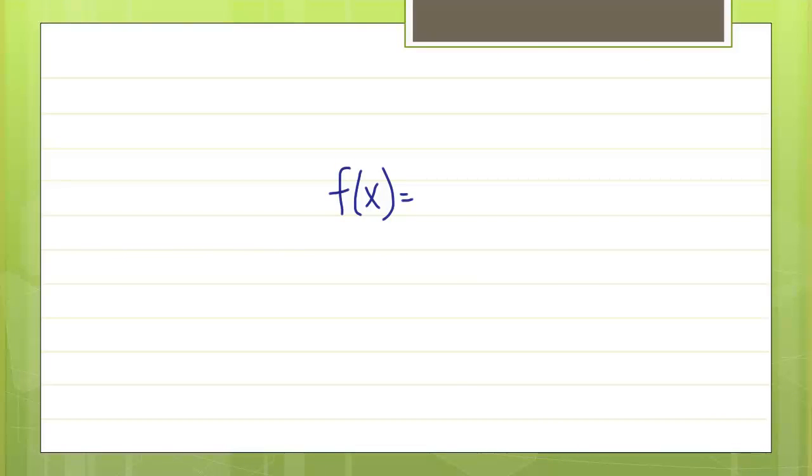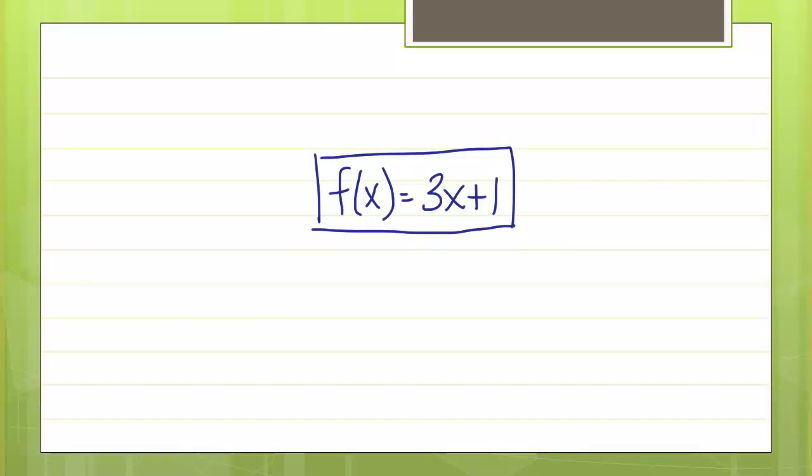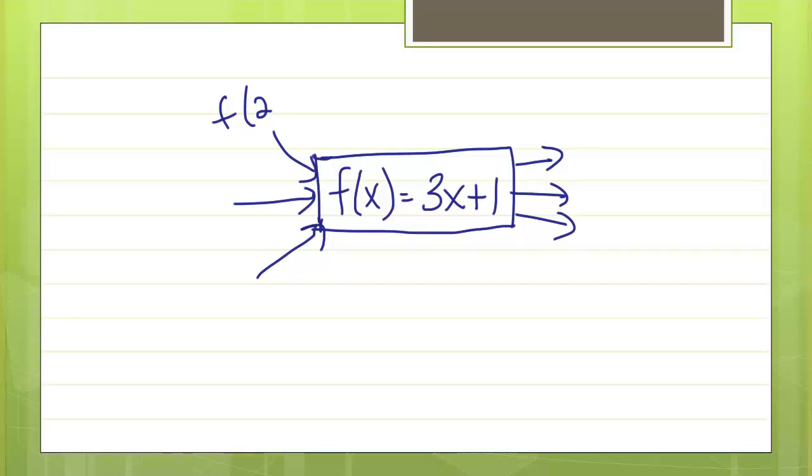If my function is, let's just take a linear function, so I don't have to think too much about the math. There's a linear function. That function is a machine. I can stick input into it all day long and it'll give me specific output. When I put f of -2 into it, I get -5 out of it.